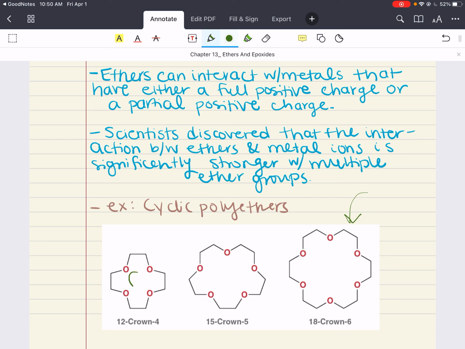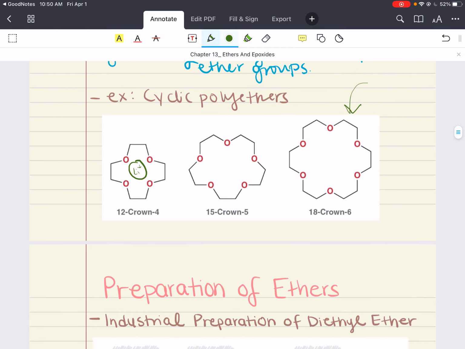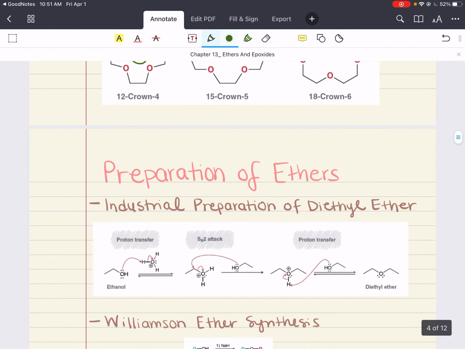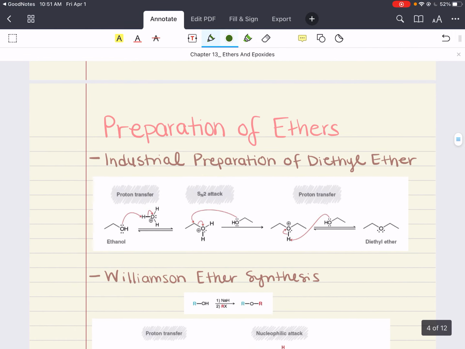So you can put a little metal in there and have these crown ethers solvate the metal ions, like lithium or something like that. I thought that was a really fun fact about crown ethers, and I wanted that to be part of our introduction into ethers. But with that, that's pretty much our basics for ethers.